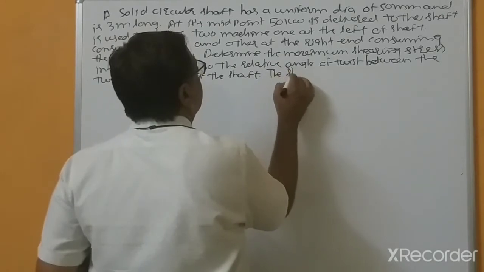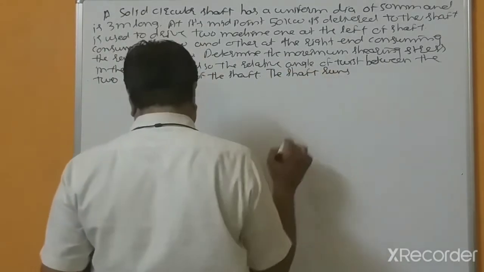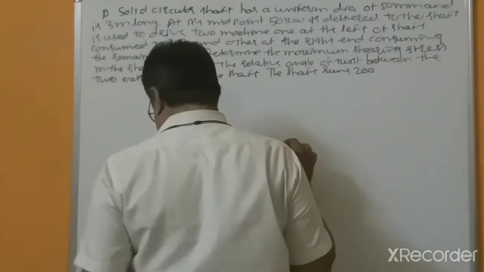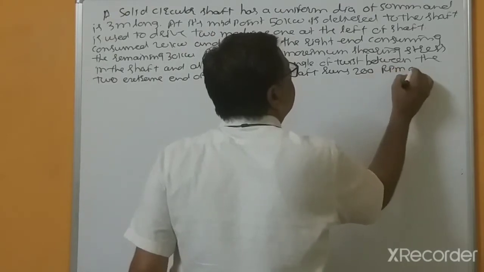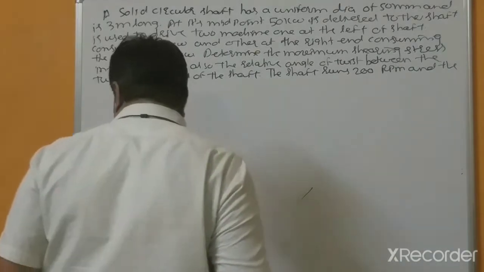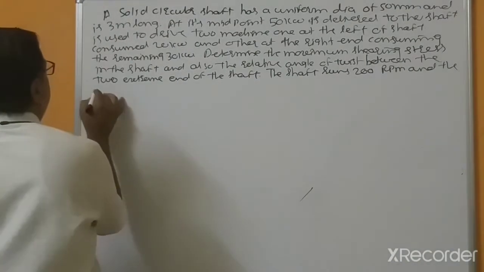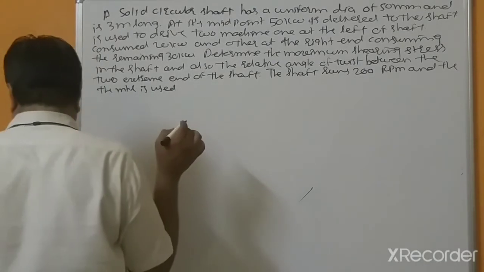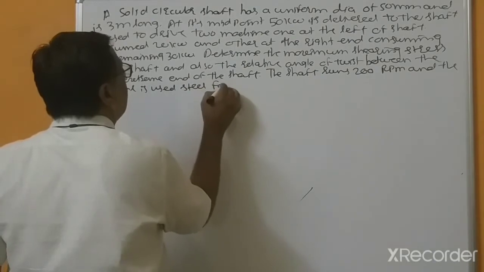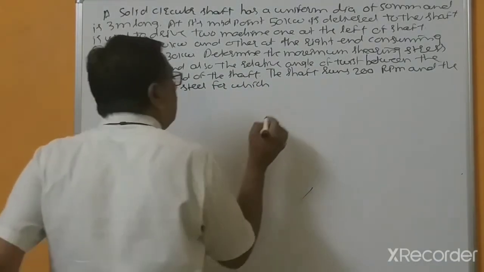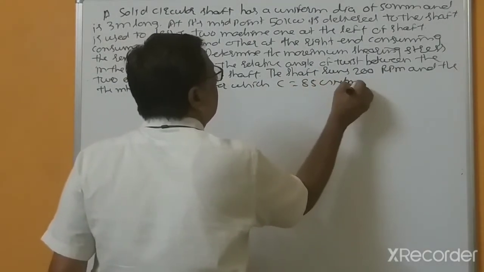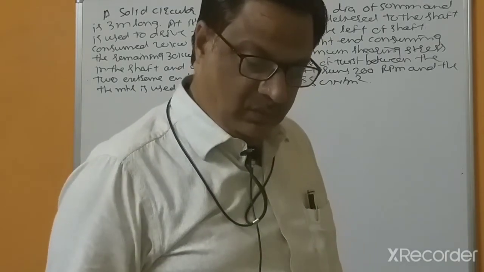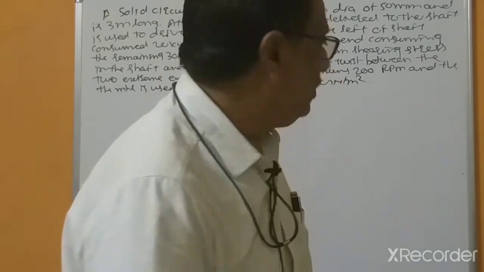The shaft runs at 200 RPM and the material used is steel, for which C equals 85 giganewton per meter square. Right.